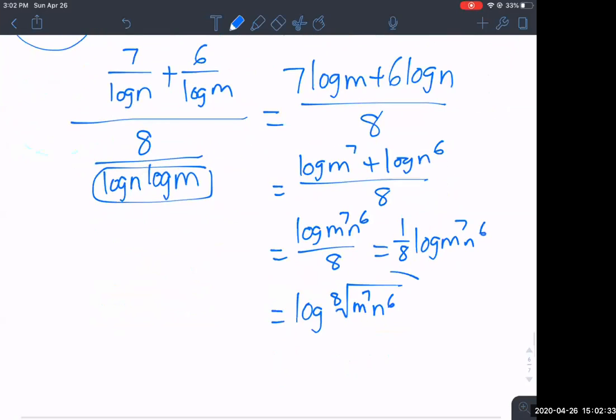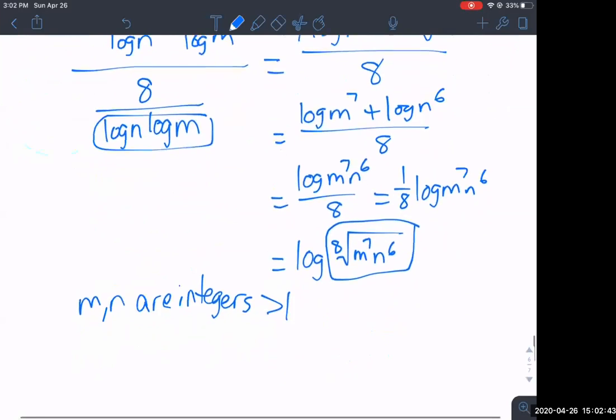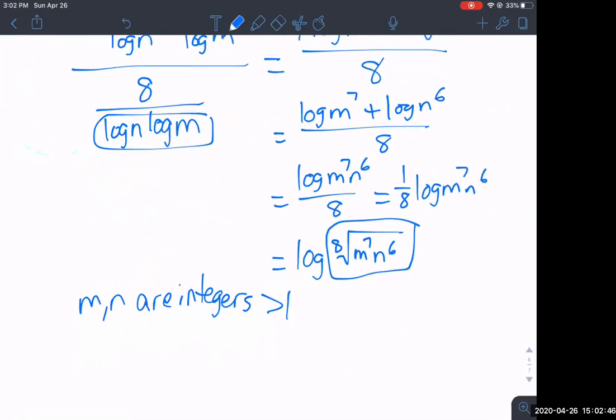So we want to make this the smallest integer possible, given that m and n are integers greater than 1. Since we're running a bit over time, for the smallest possible solutions, you want to find something that has a common base.